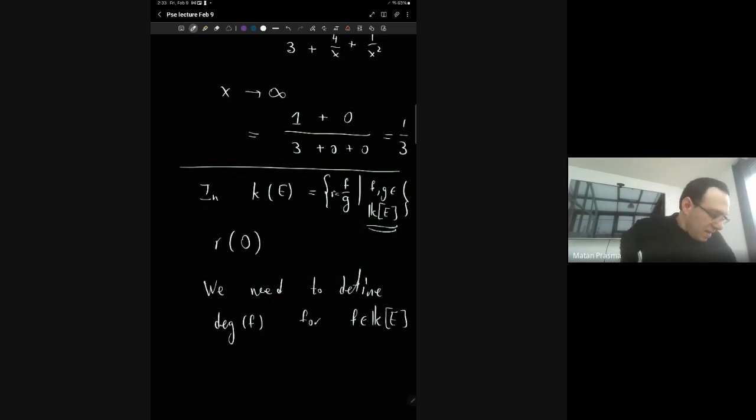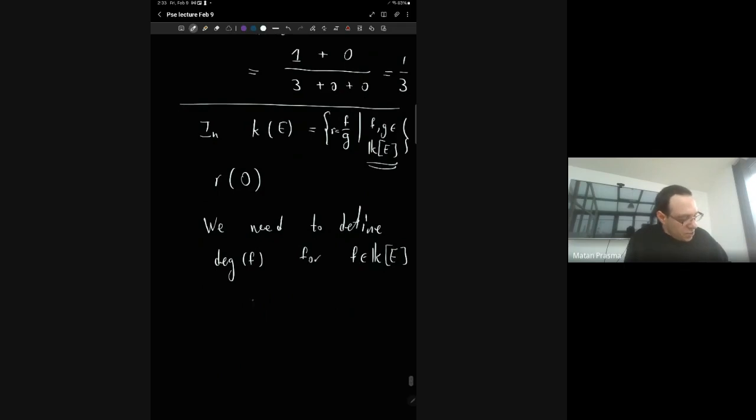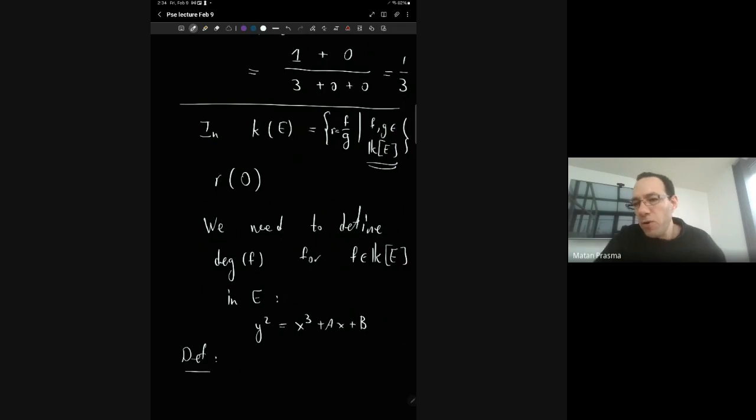Okay, but in K of E, we have a relation. In E, y squared is equal to x cubed plus ax plus b. So I would want to say that the degree relation between the x variable and the y variable is 2/3.